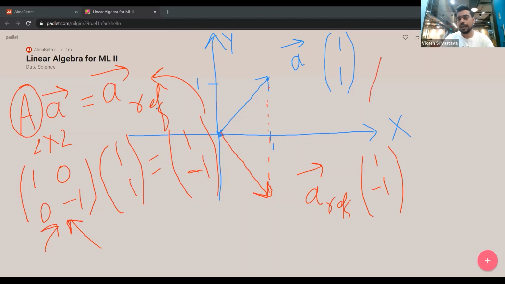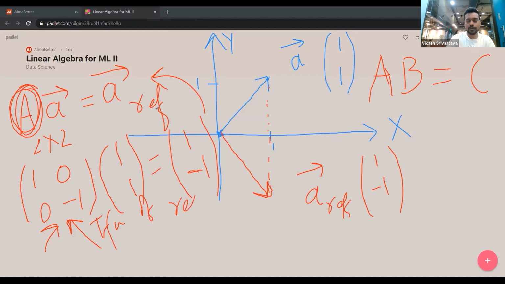If you are multiplying A with B, then A is a transformation being applied on B, and that gives us another matrix C. In this case, the matrix is inducing a transformation on the vector, giving us the reflected vector about the x-axis. So this matrix is doing the transformation of reflection about the x-axis. I hope you get the idea.